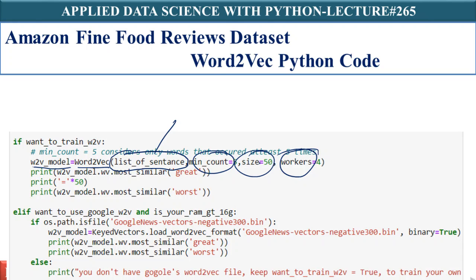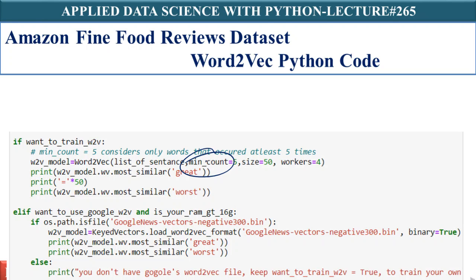What is this size equal to 50? What is the meaning of workers equal to 4? Let me first say min_count. Min_count basically says that if a word does not occur at least 5 times, don't construct Word2vec for it.